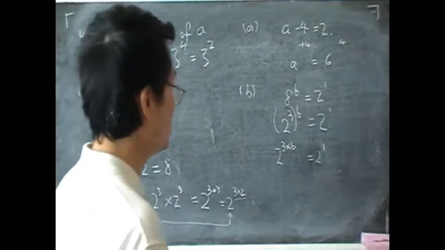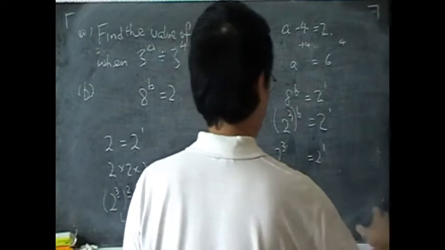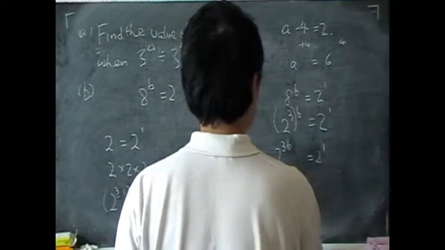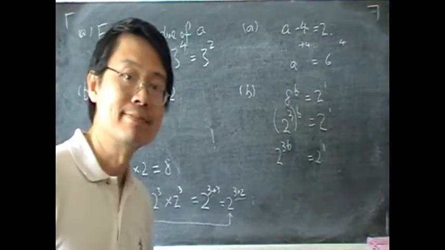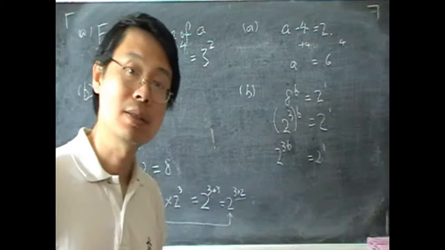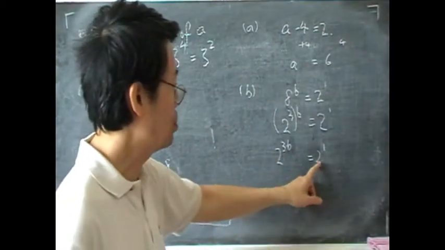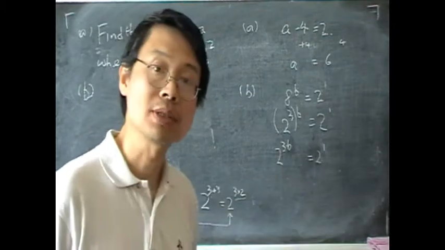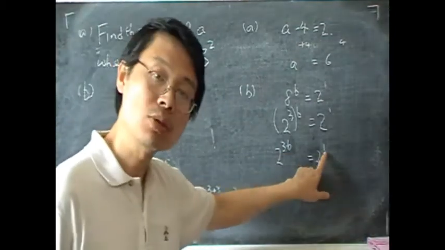Which is the same as 2 to the power of 3b. 3 times b is the same as 3b. Now we can compare the powers. 2 to the power of 3b on the left to the 2 to the power of 1 on the right. Therefore, 3b must be equal to 1.